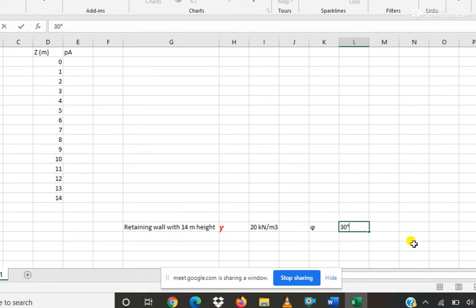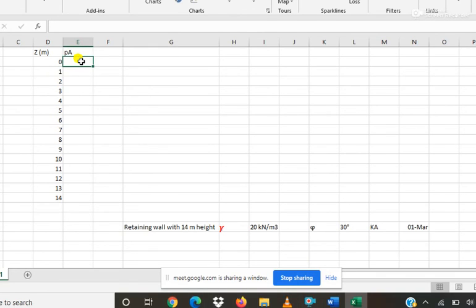then the value of Ka is equal to, you may calculate, 1 minus sin phi divided by 1 plus sin phi, that is equal to 1 by 3, which means 0.33.